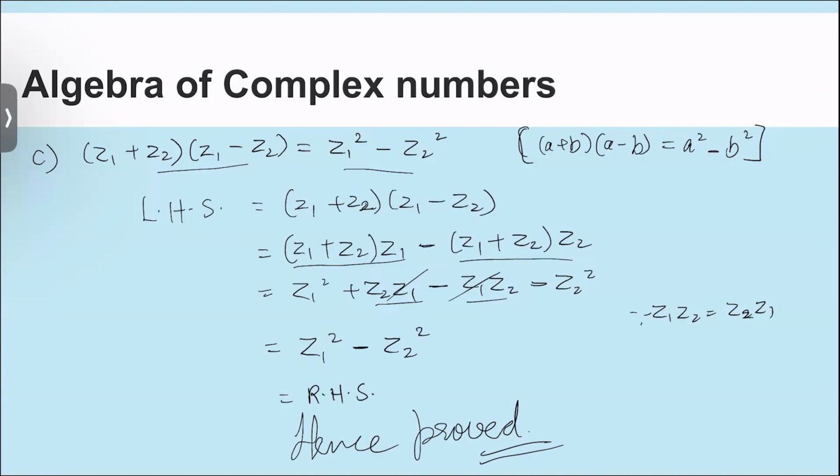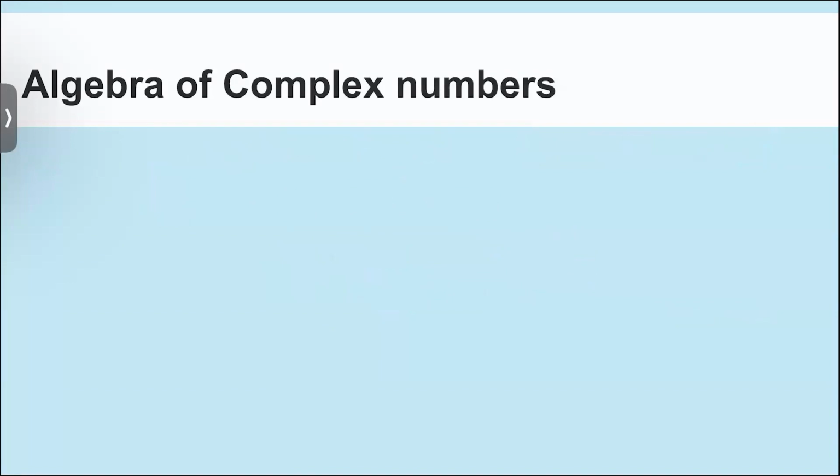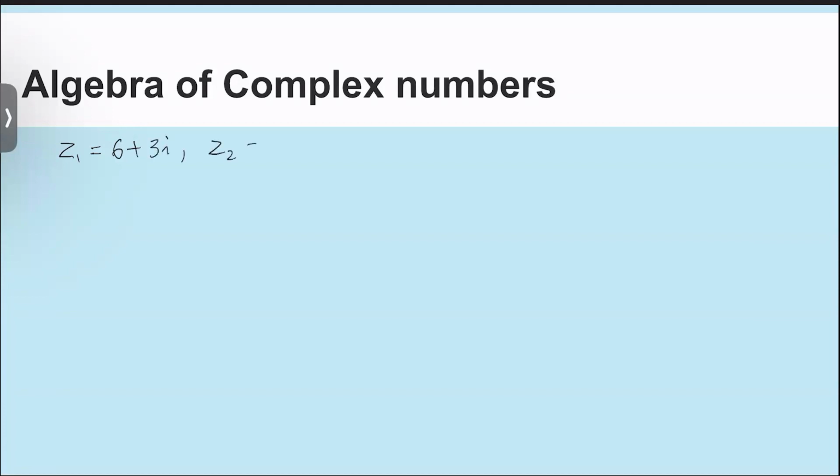This is one of the easiest kinds of identities that you can remember and work upon. So let's see an example for this again. We will take the same example: z1 is 6 plus 3i and z2 is equal to 2 plus i. Now we want to know the answer for z1 plus z2 times z1 minus z2.